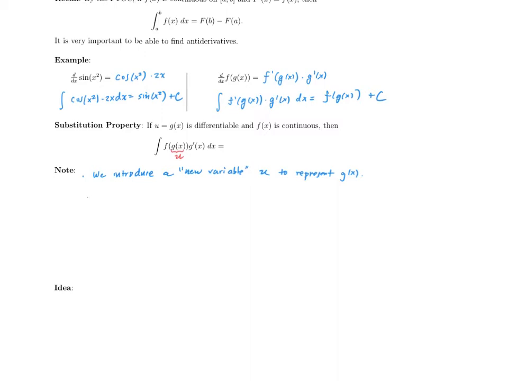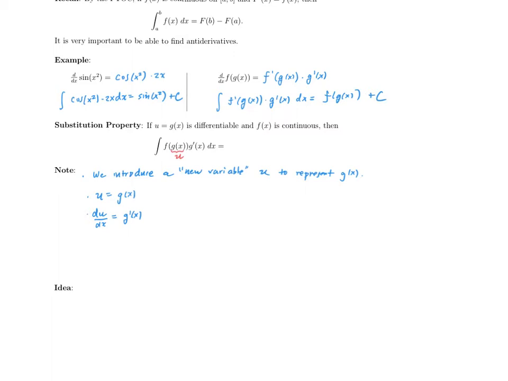So working our way through this, if u is equal to g of x, then we can differentiate u with respect to x. That would be g prime of x. And note, in our integral, we have this dx that we somehow need to put in terms of u's. And typically, when we see this quantity du dx, we think of it as being a single entity.